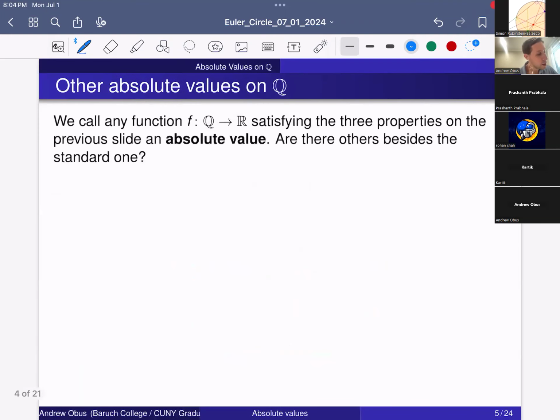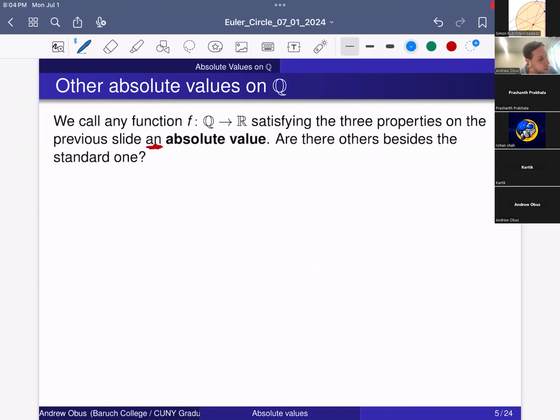So what we're going to do instead is call any function from Q to R that satisfies the three properties an absolute value instead of the absolute value. So an absolute value is a function that satisfies positivity, multiplicativity, and the triangle inequality.